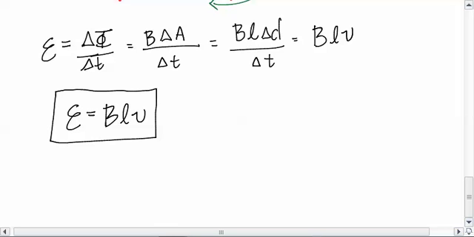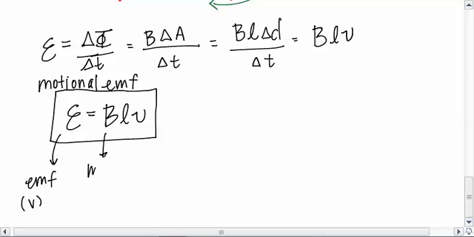Sometimes it's called motional EMF because it makes you all emotional. No, I'm kidding. Because it's due to this physical movement of the bar, motional EMF. So this is our EMF measured in voltage. This is our magnetic field in Tesla.